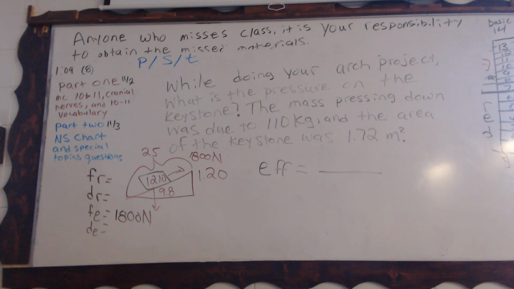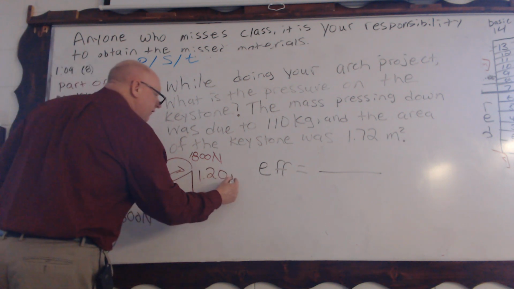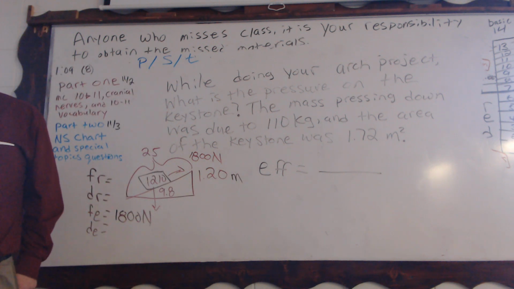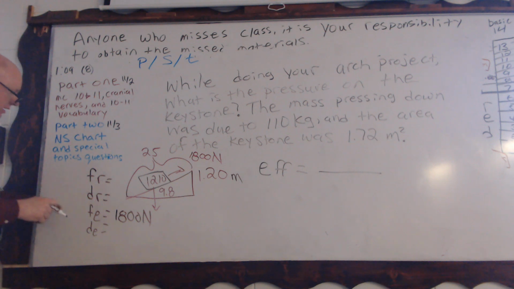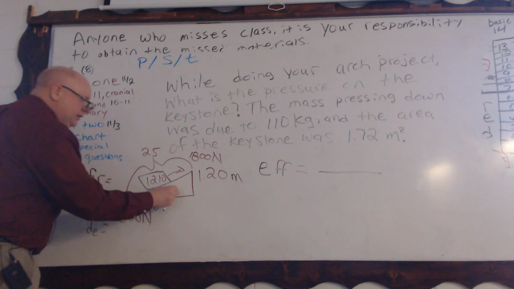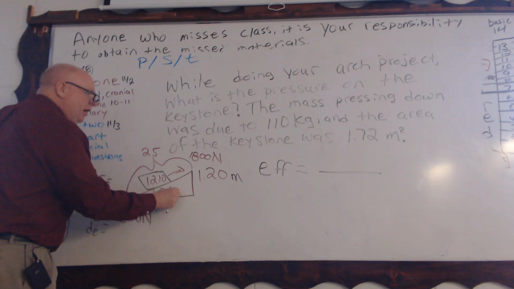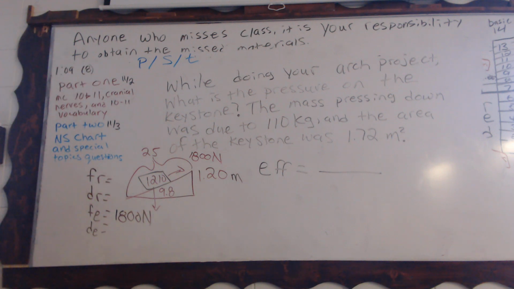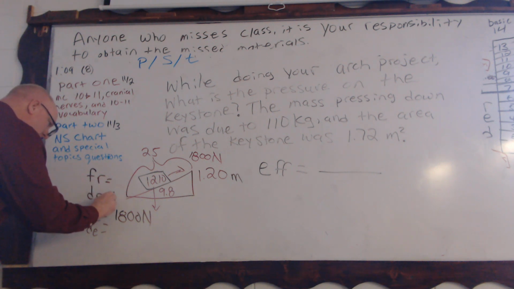You got a 50-50 chance. Because this is measured in meters, right? Don't we measure distances in meters? Right. So that must mean it either has to go here or here. And if this acceleration of gravity is applying 1.20 meters of resistance, is that a resistance distance or an effort distance? It's a resistance distance. That's right. So that will go right here.